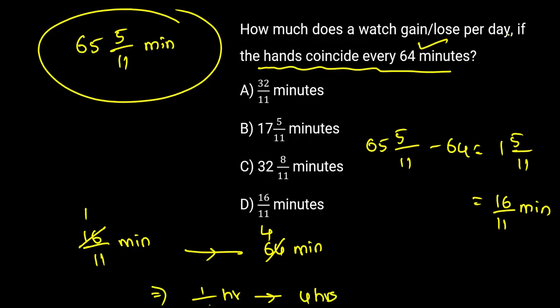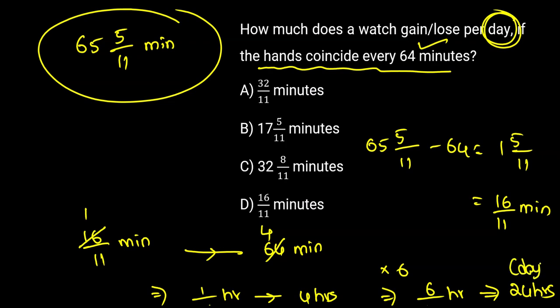Your question is per day, so I will multiply this by 6, then you are losing 6/11 hours in 24 hours, nothing but in a day. In a day you are losing 6/11 hours. They're asking in minutes.